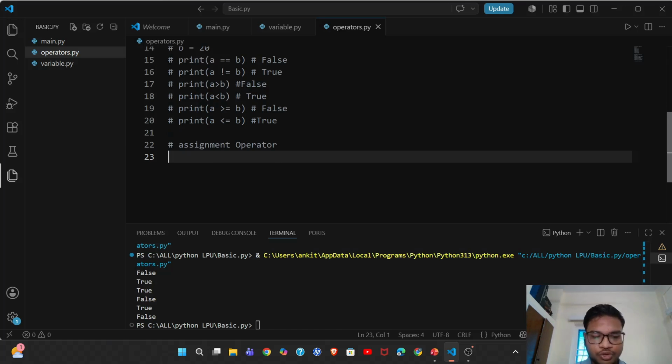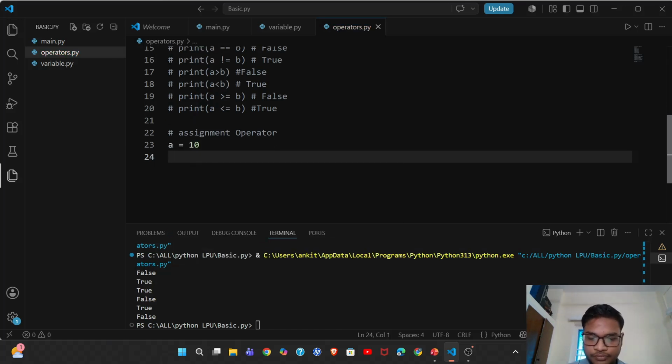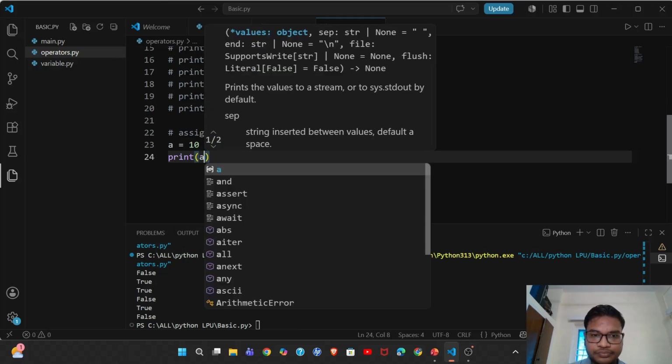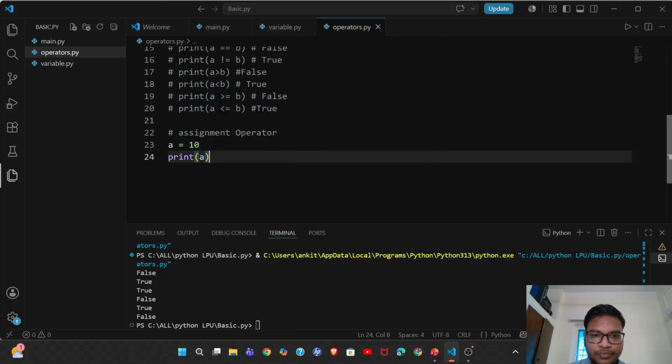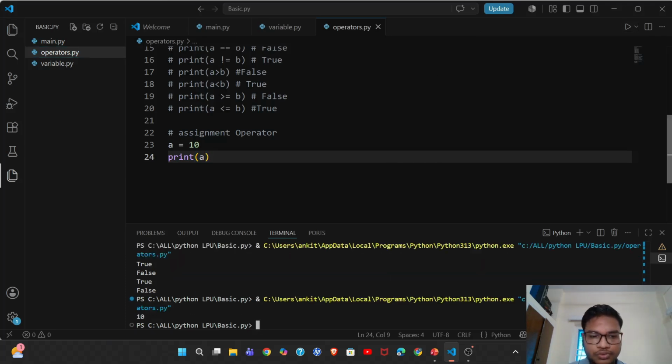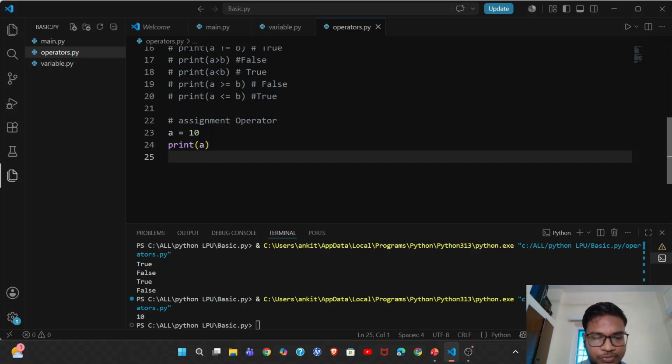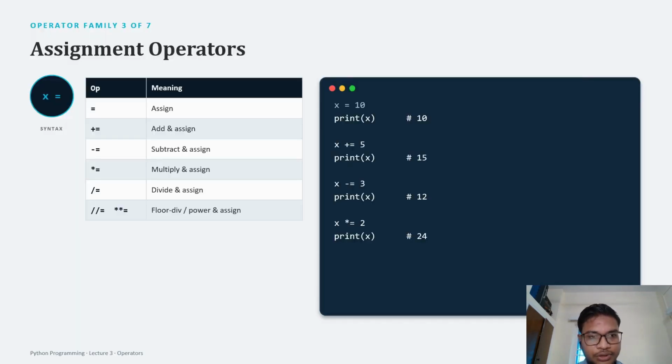So this is our assignment operator. Just assign some value like a equal to 10. Then print it. What is the value? The value is 10, correct? Now just add some value. What is the second one?